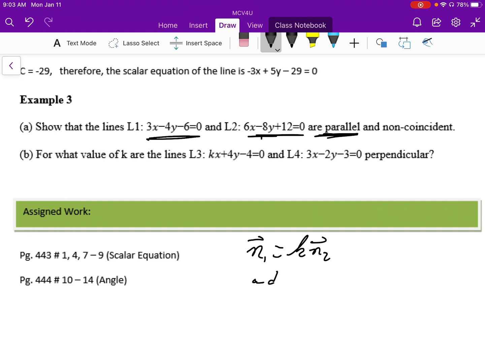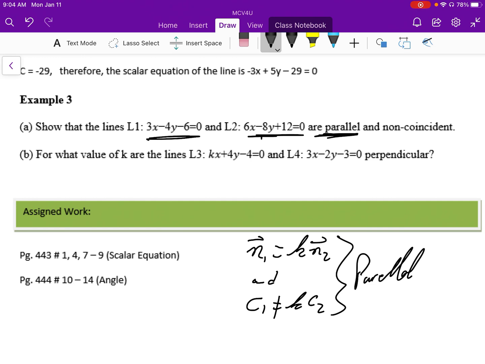The C values have to be the same scalar multiple of each other for these to be the same line. If the C values were not scalar multiples of each other, but the normals were, then the lines are parallel and non-coincident. So these are the conditions we're looking at.